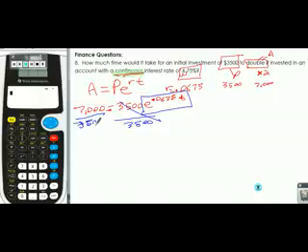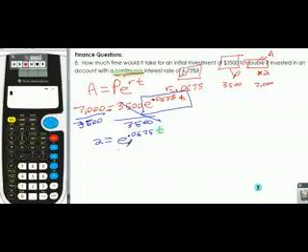And we should already know that this is 2 because we did that when we doubled this over here. So 2 equals E raised to my rate of 0.0675 T.